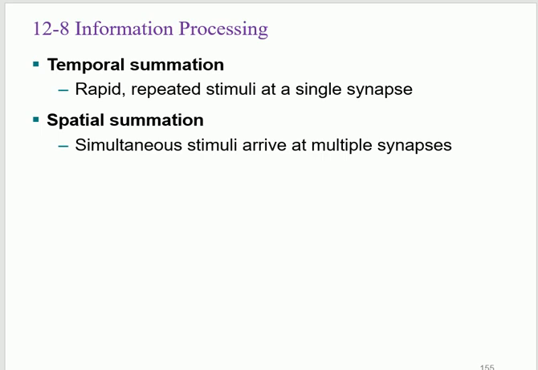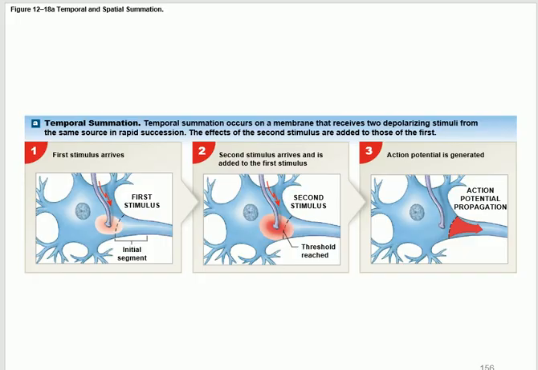Temporal means time, like time after time after time. Me alone getting the hammer and hitting, that's adding up. Spatial summation is many stimuli coming at the same time. Five, ten of us with five hammers hit, spatial summation.